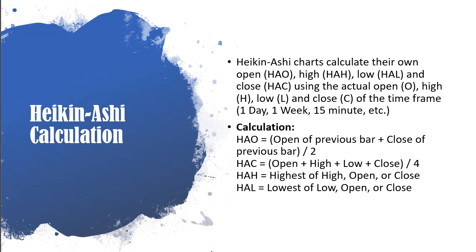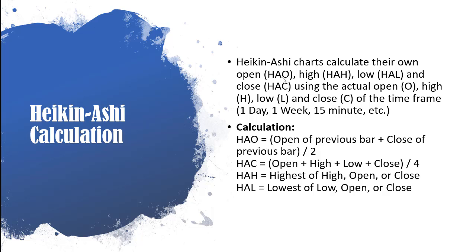So I don't want anybody to think this is the next best thing since sliced bread, and this is the thing that's going to save you in your trading. I threw this in here just so everyone can get an idea how the candles are calculated. I don't want to spend a whole lot of time here.